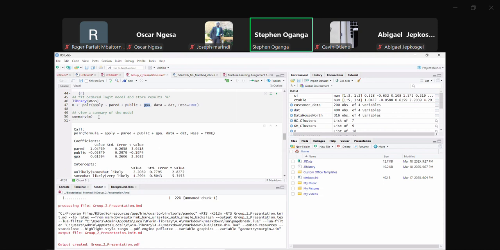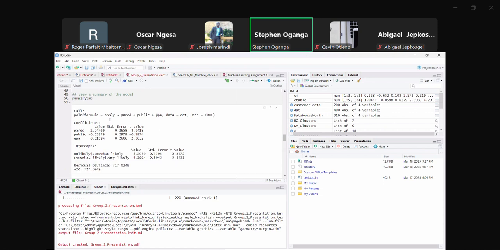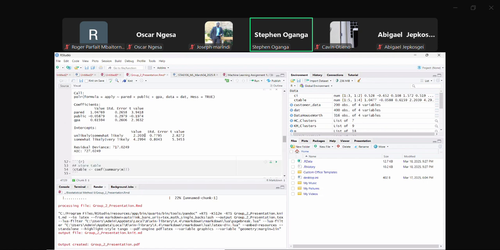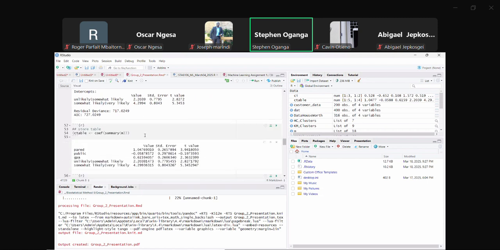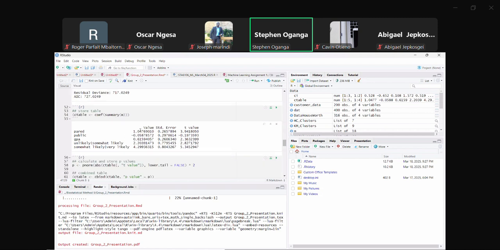And then we view the summary of our model. This was the output that was generated. We have the values, the standard error, and the t-value. And then here we have a summary of the coefficients.